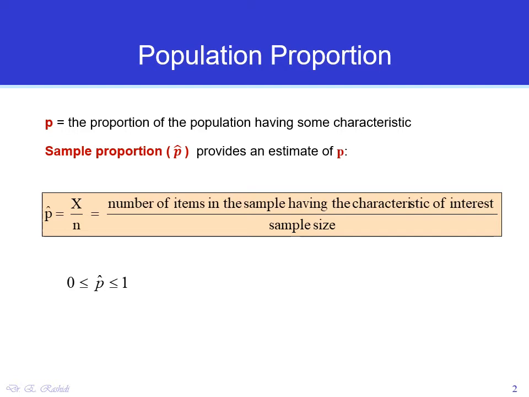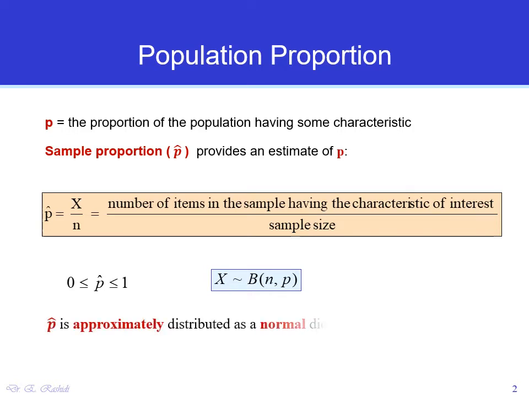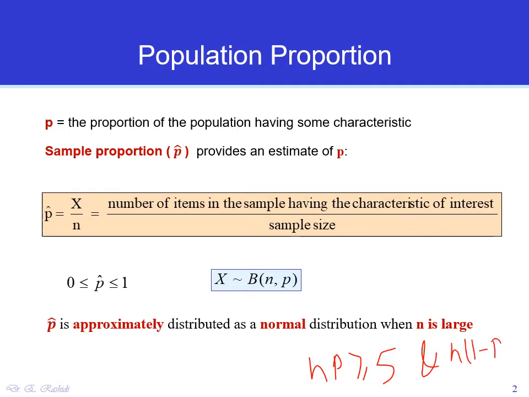If we define X as a random variable representing the number of items in our sample that have the characteristic of interest, then X would follow a binomial distribution with N and P. P hat is approximately distributed as a normal distribution when N is large, and also when N multiplied by P is greater than 5, and N multiplied by 1 minus P also is greater than 5.